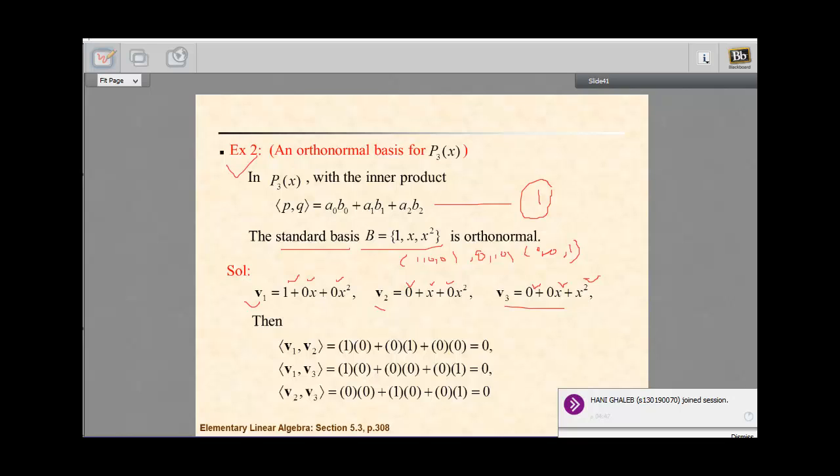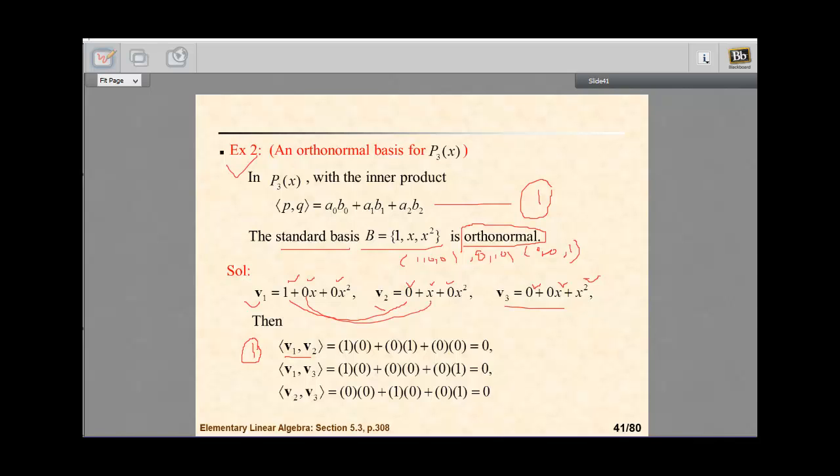To show orthonormal, we have to show that it is orthogonal as well as normal. For orthogonal, we have to show that their product is 0. If we take v1 into v2, then 1 into 0, 0 into 1 and 0 into 0, that will be equal to 0. Similarly for the others.